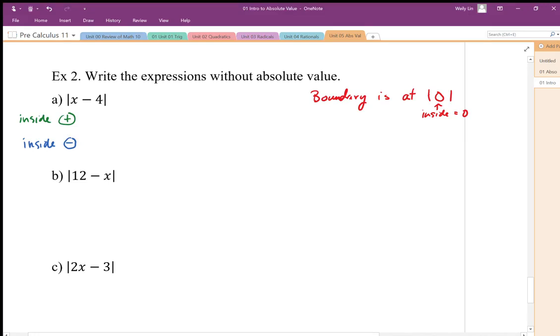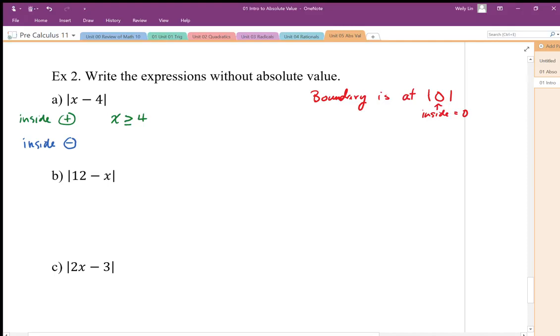The boundary is when it's equal to 0. So when it's equal to 0 is when x is equal to 4. If the inside is positive, what are the values of x that make the inside positive? Anything bigger than 4. And we're just going to include the equal to on the positive side.